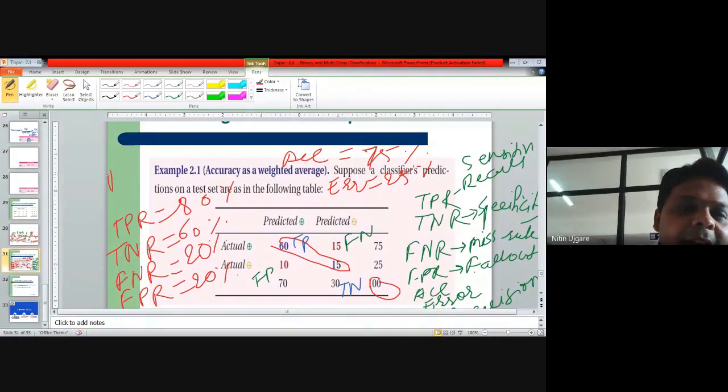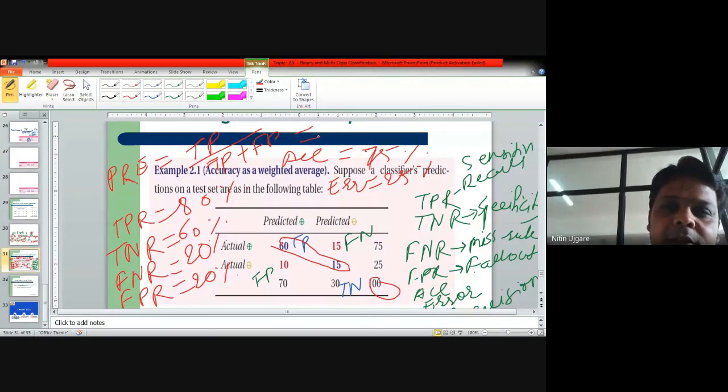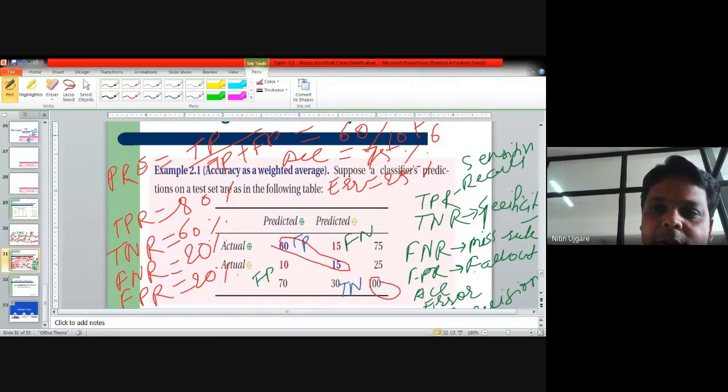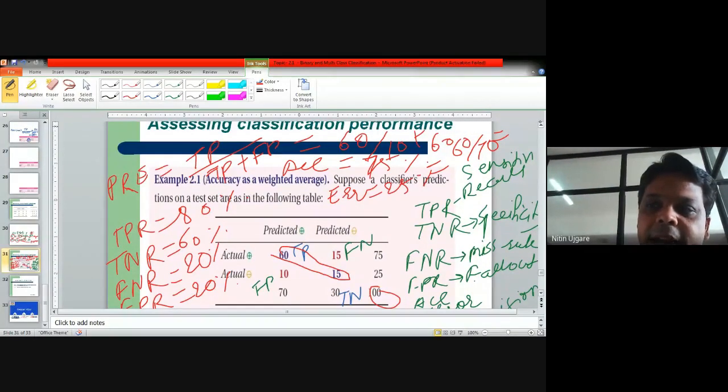Precision is calculated as TP divided by TP plus FP. So that means 60 divided by 10 plus 60, which is 60 divided by 70, which gives 0.9, so the answer is 90%.